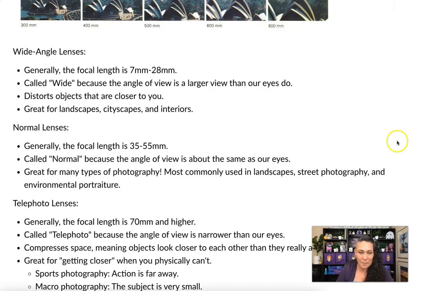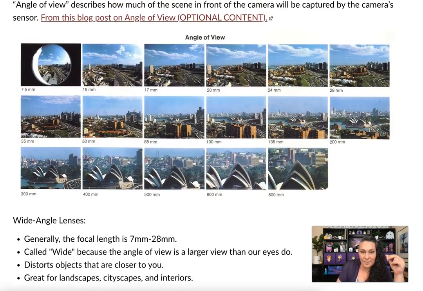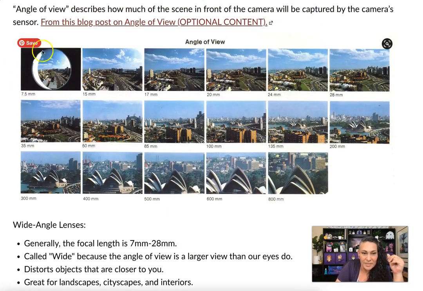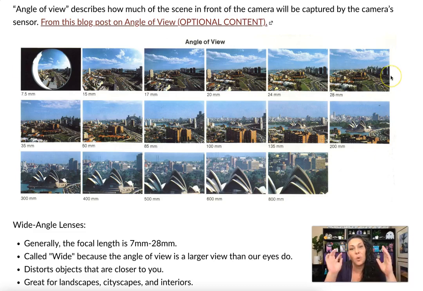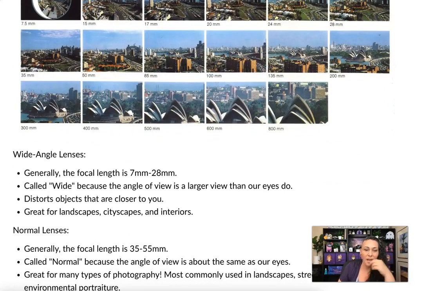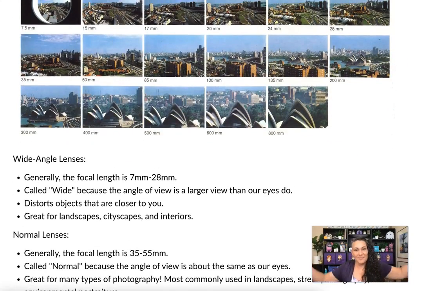There probably is a wider one by now, I'm not sure. So if we go back to our example here, around here to around here, these are all considered wide angle lenses.